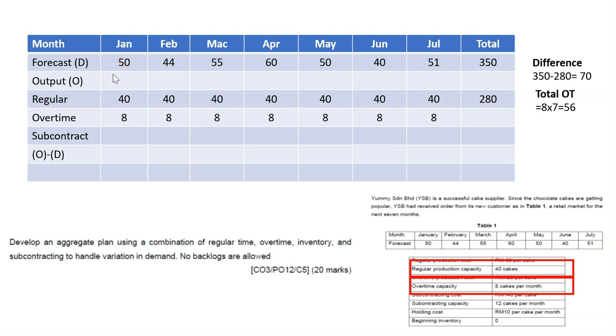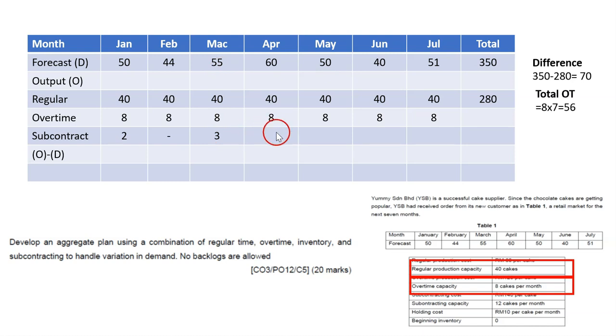Sometimes we need to adjust, so we put it outside first. For February, do we need any subcon? No, because we already have 48 here and the forecast is 48, so no subcon. For March, we have 48 output and the demand is 55, so we need 3 subcon.